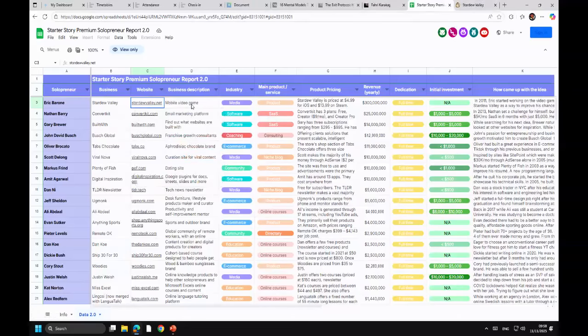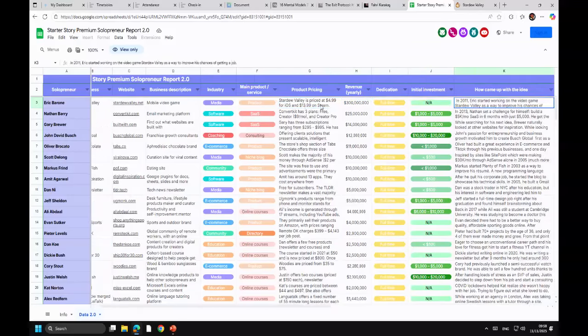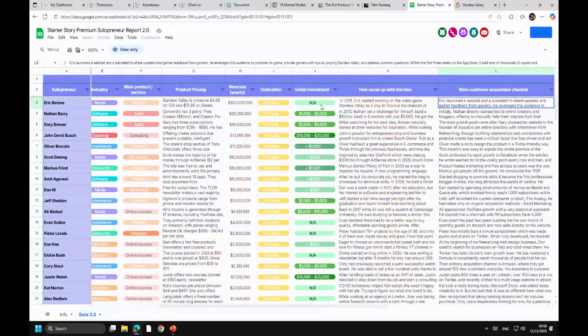StardewValley.net. This is a video game. So Eric Barone created his video game, and he sells it, and he makes $300 million from this video game. How did he come up with the idea? He started this idea as a way to improve his chances of getting a job, you see?